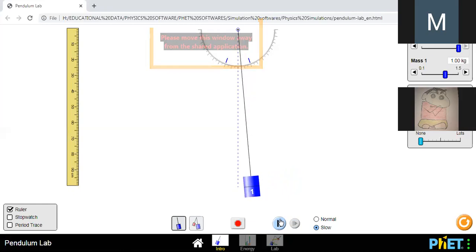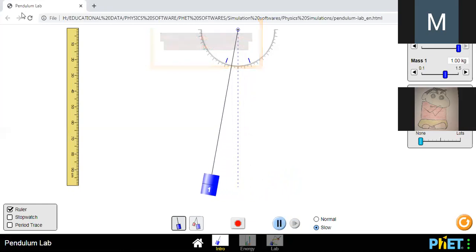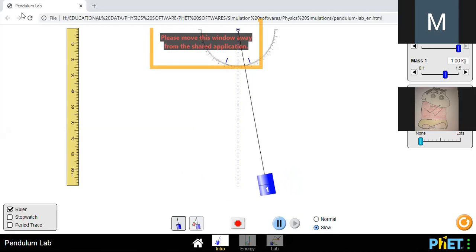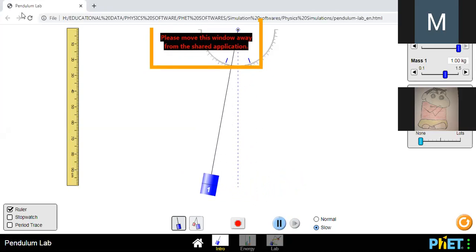Now we will talk about the length of the pendulum. What is the length of the pendulum? The definition says it is the distance from the point of suspension to the point of oscillation, and the point of oscillation is nothing but the center of gravity of the bob. So I will pause the pendulum in the middle.